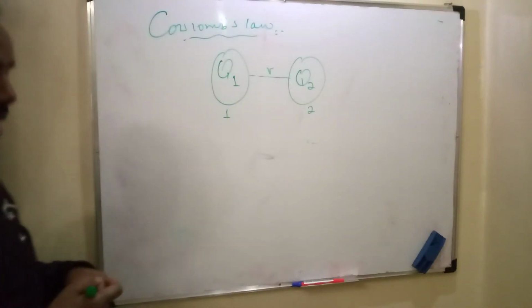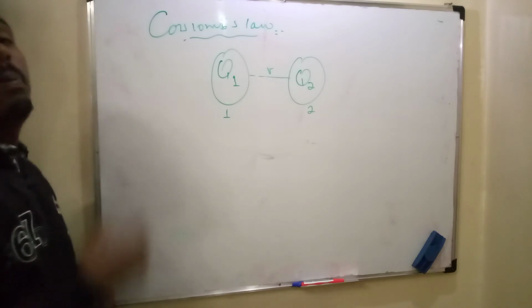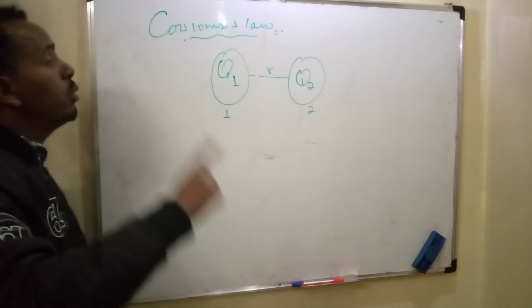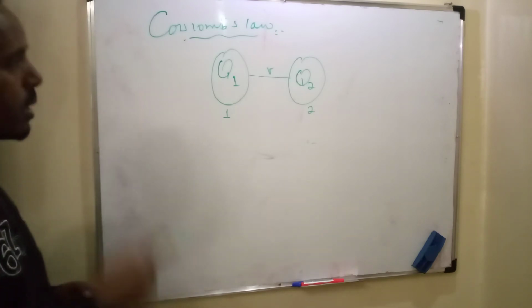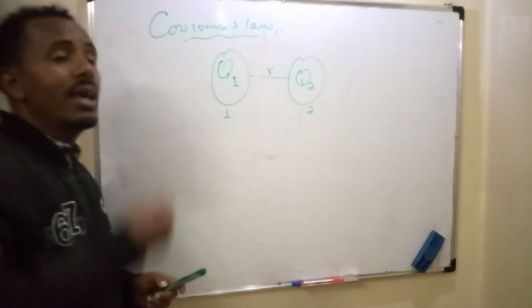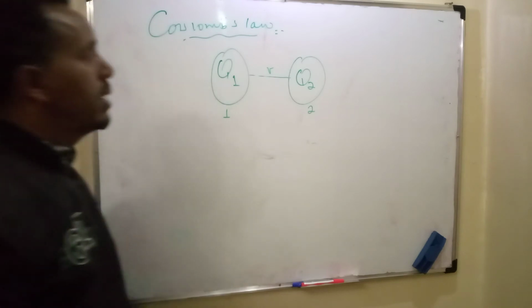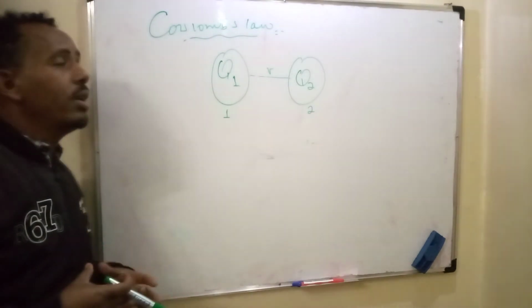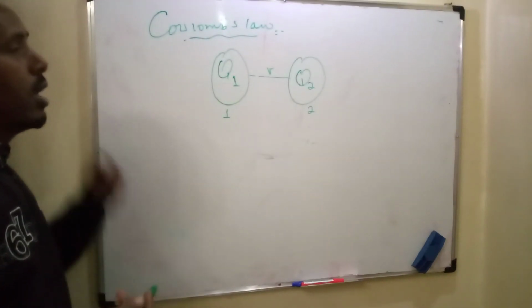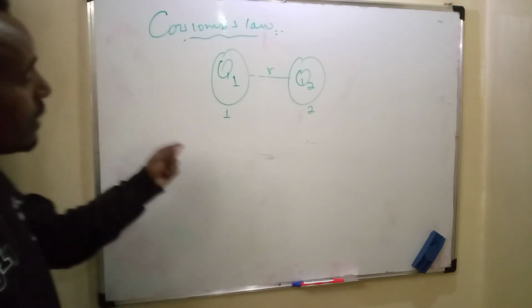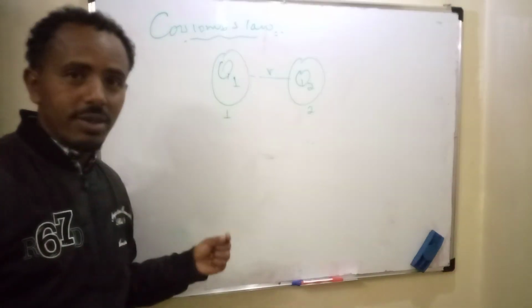If they carry the same sign of charge, positive or negative, a repulsive force is formed between the two spheres. Whereas if they carry opposite signs of charge, an attractive force is formed between the two spheres. Anyways, there is a force between the two bodies.